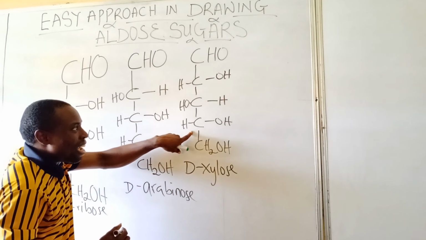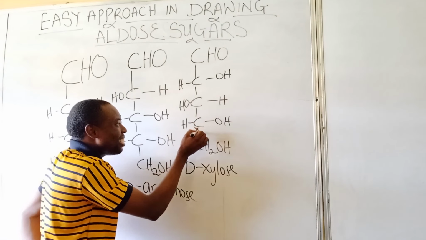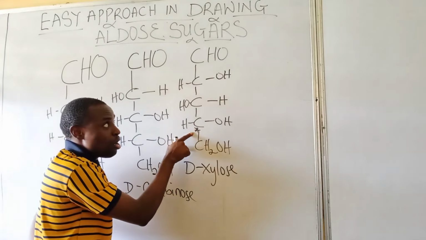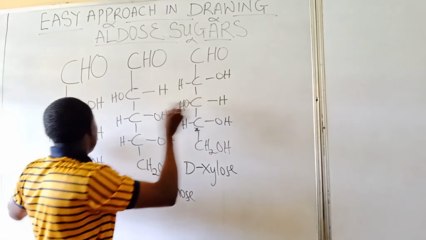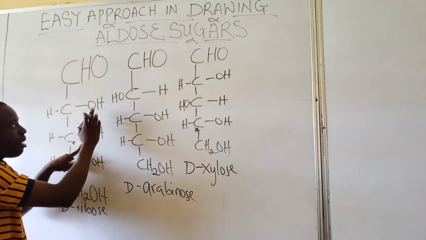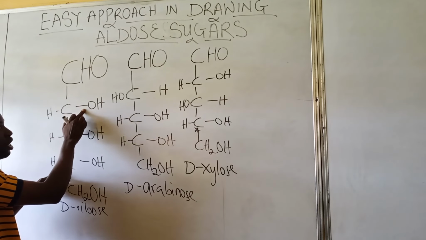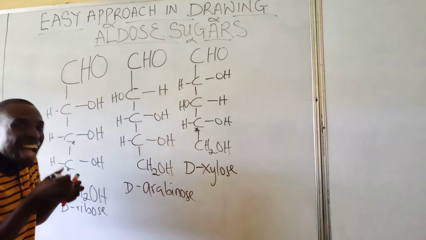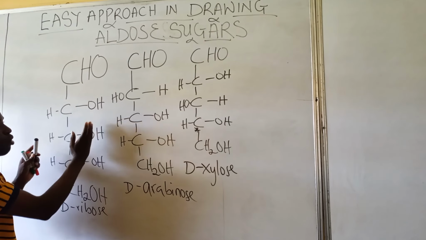Now the last one. Remember, I have told you that this last chiral center does not move, so it means that the changes will now have to come from the two hydrogens here. Since this carbon has not moved, and we have already moved the second and third carbons, we fall back to the two.